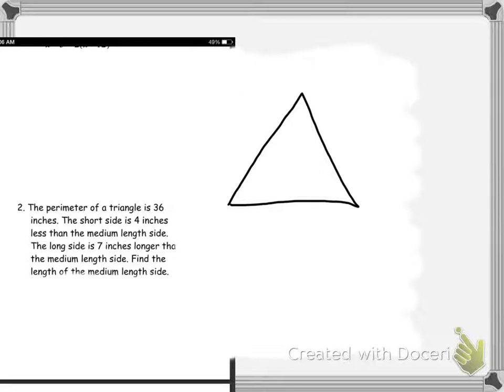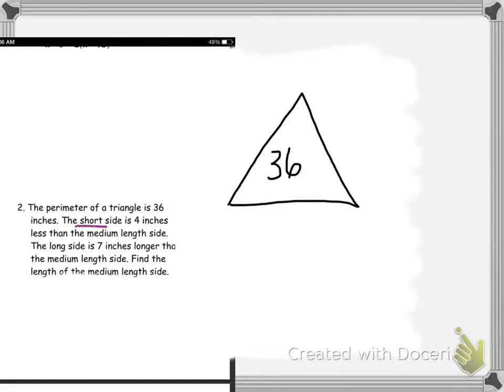The perimeter of a triangle is 36. So I'm going to write 36. You don't mind if I don't put P, right? Inches. The short side is 4 inches less than the medium side. Well, I drew all my sides to look the same, so I'm going to have to label these with a letter, because I am not going to spend time trying to make one look longer than the other. So who am I talking about?